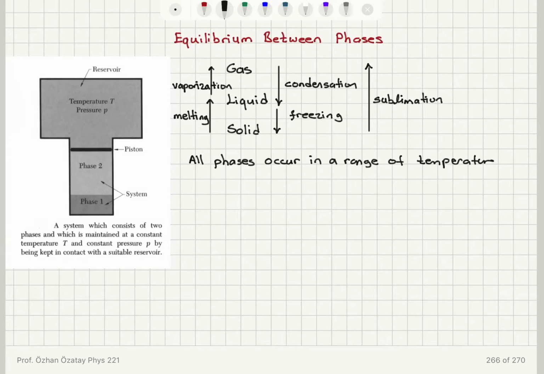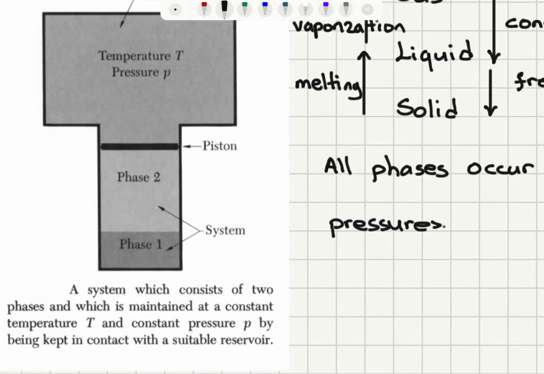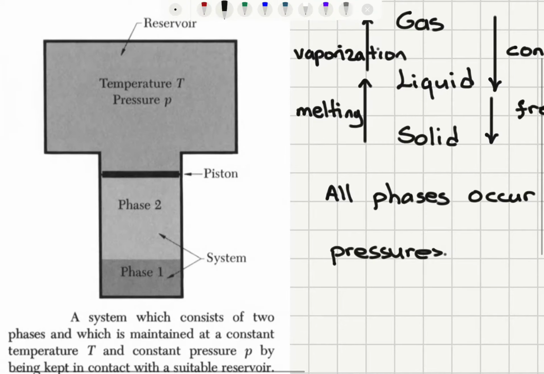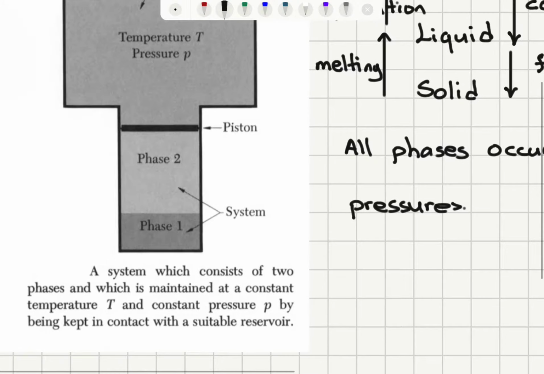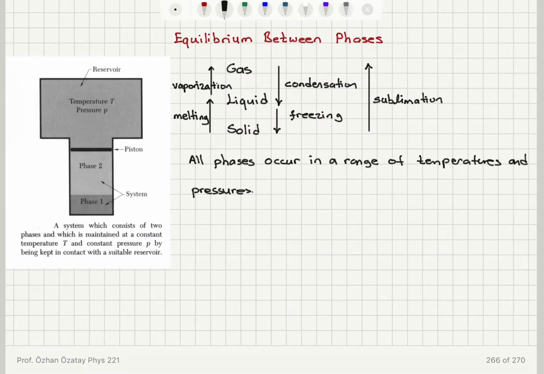Now you can think of a scenario where I have a possible coexistence between two phases, and as you can see, phase 1 and phase 2 in the system coexist, and they are in thermal contact, and the contact is through a movable piston with a reservoir at constant temperature T and pressure P. So this is basically the scenario we have studied in the previous video, where we talked about the minimization of Gibbs free energy.